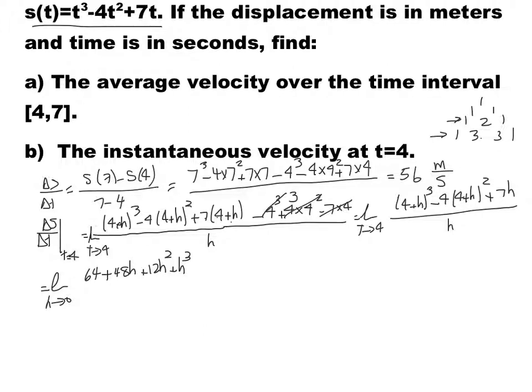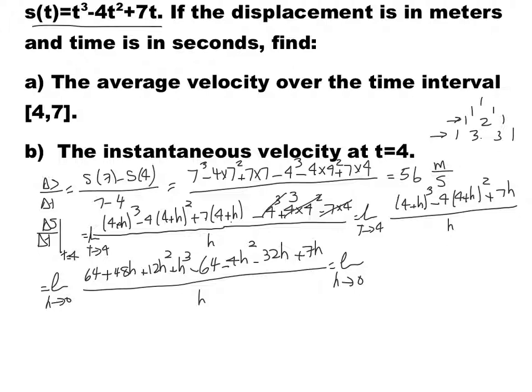And then (4 plus h) squared is going to give us 4 squared plus h squared plus 2 times 4 is 8h. And then you multiply negative 4 by each term, we get negative 64 minus 4h squared minus 32h, and then we have a 7h here at the end, divided by h. This is the same as limit h goes to 0.